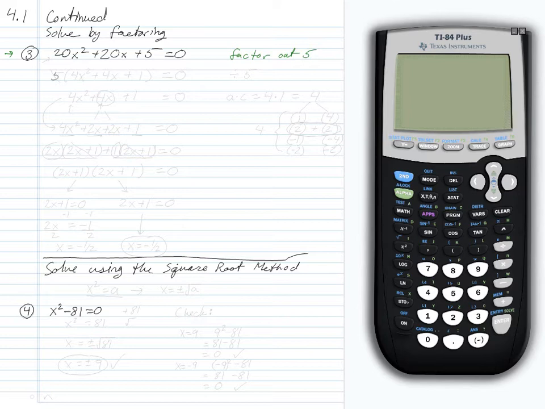That will leave me with 5 times whatever's left. So if I factor 5 out of 20, I'm left with 4x squared. Again, if I factor 5 out of 20, I'm left with 4 and x. And if I factor a 5 out of 5, I'm left with a 1.